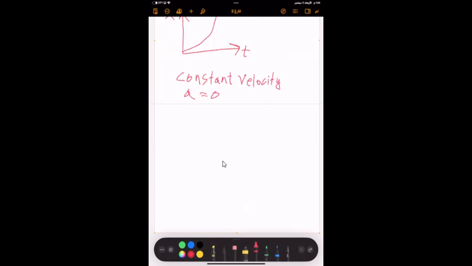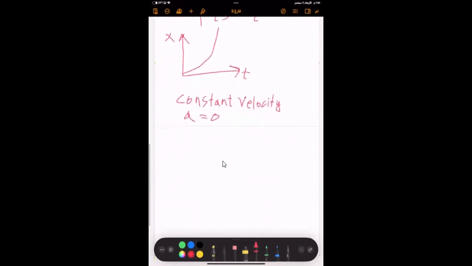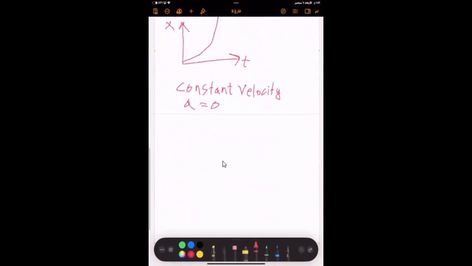Okay, let us draw the three curves for the constant velocity, as we drew them for the constant acceleration. Let us start with the x-t curve, position-time curve. Time in seconds and position x in meters.